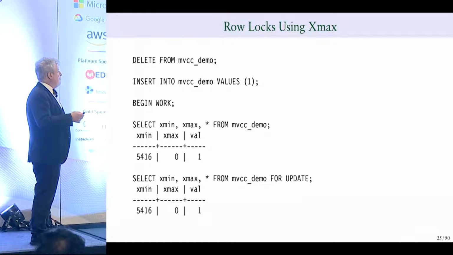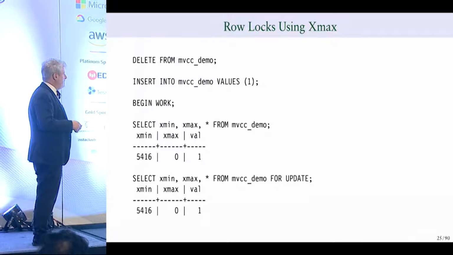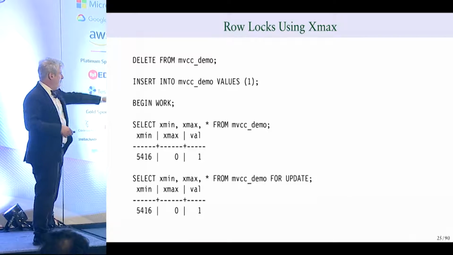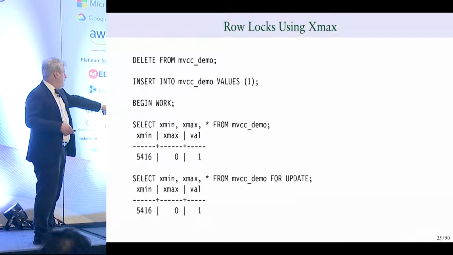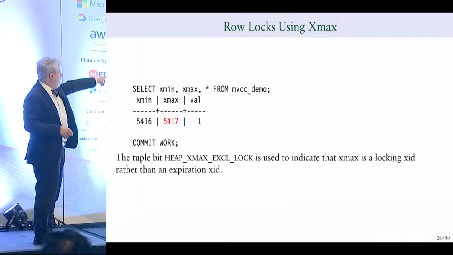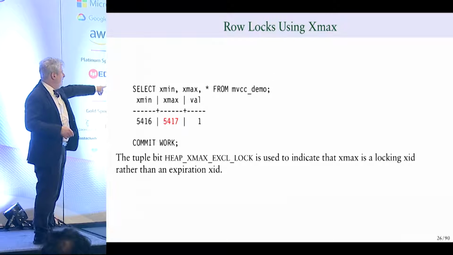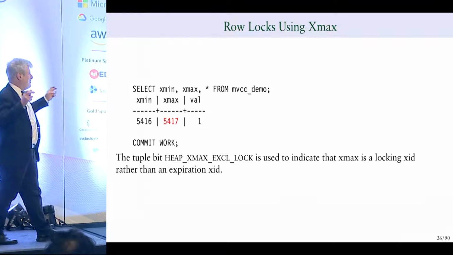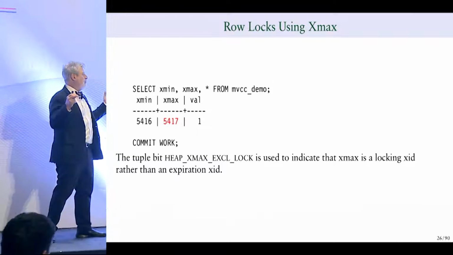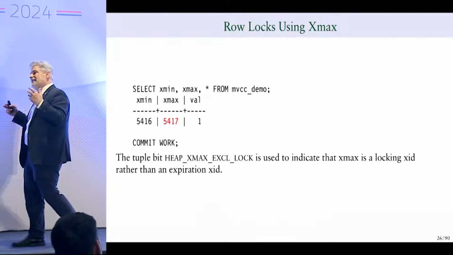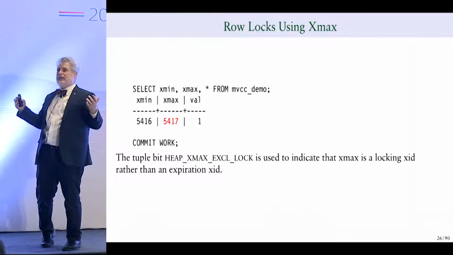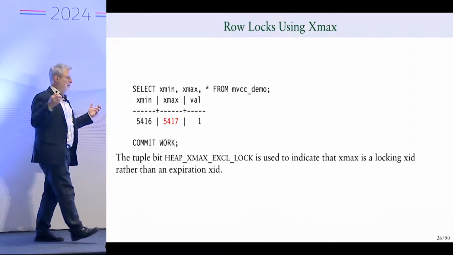We also use the XMAX field for row locks. So for example, when I do a select for update right here, you can actually see that we put a field on there, but we also set an internal bit on the row that explains that the XMAX is really not an XMAX, it's really a row lock.